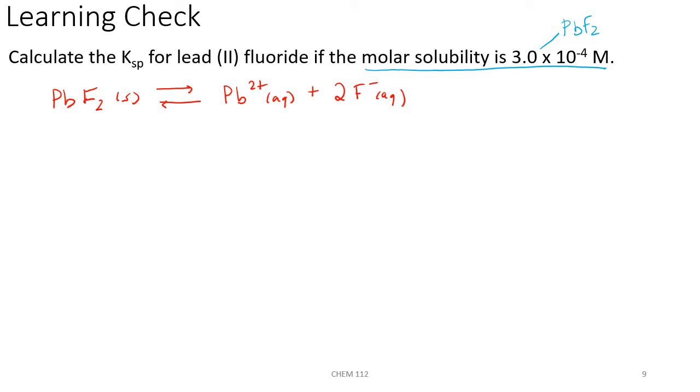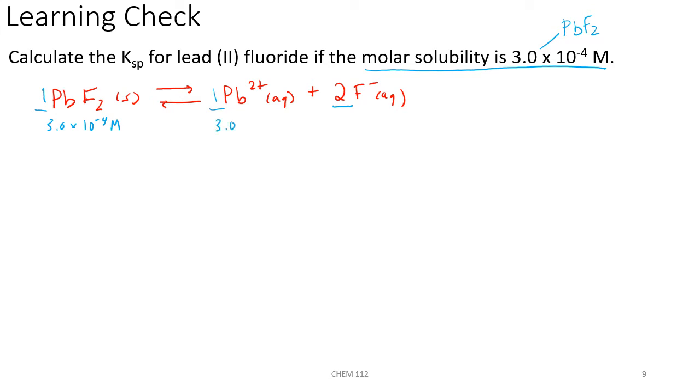We can use our stoichiometry from our balanced equation to figure out what the concentration is of our ions in solution. We have 1 mole of lead 2 fluoride to 1 mole of lead to every 2 moles of fluoride ions. So we have 3.0 times 10 to the negative 4th molar for the lead 2 fluoride.